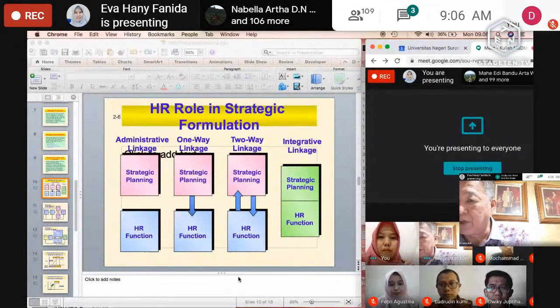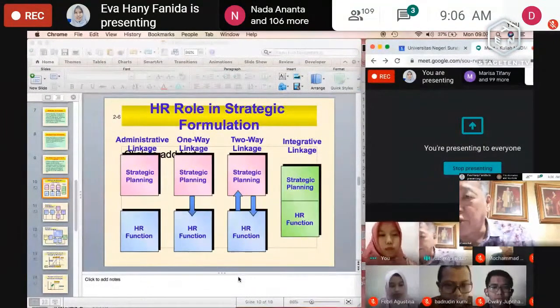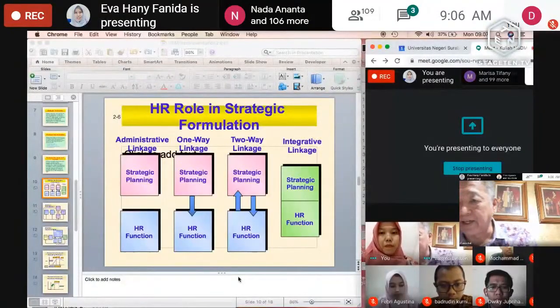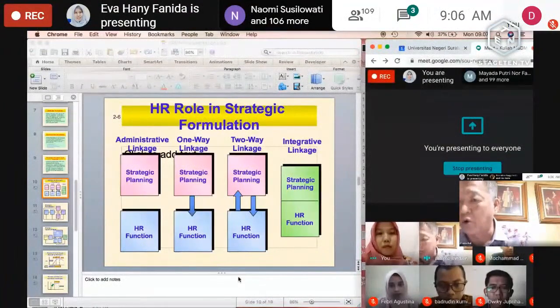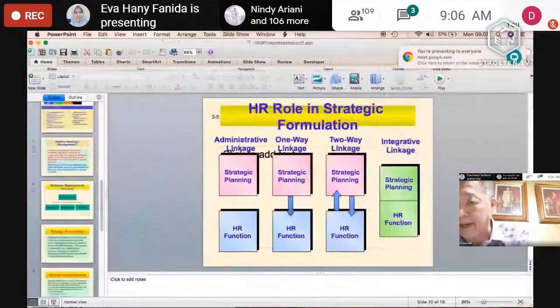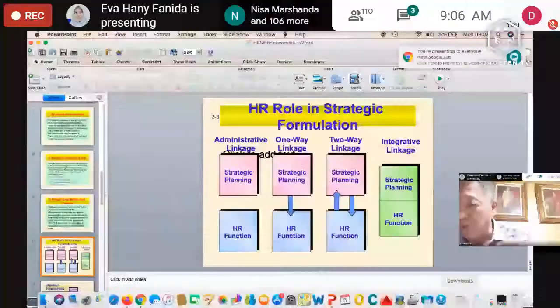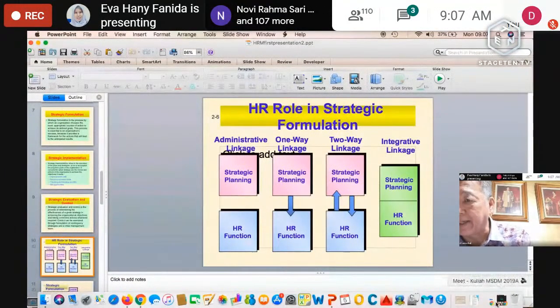For modern management, they prefer to work together as a team. They don't work separately in their own function only. So I would like to say that the 4th type, strategic planning and HR function working closely, we call integrative linkage. It is most popular in advanced countries.